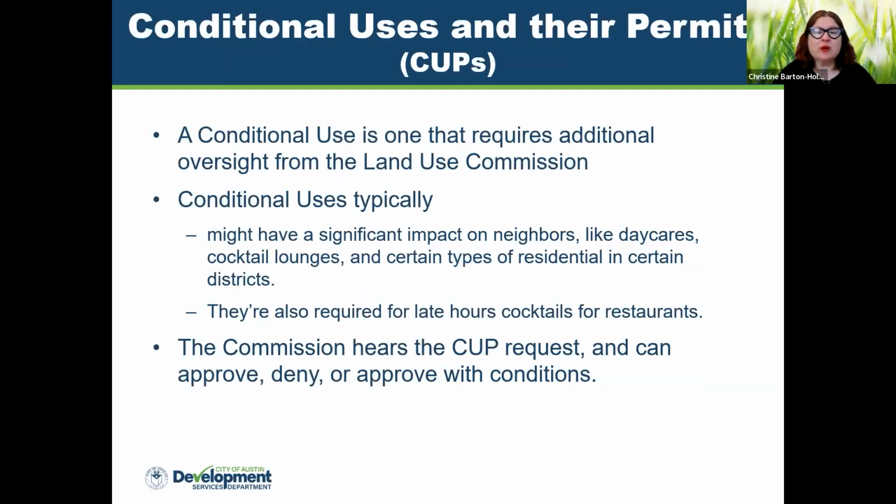So if you're enjoying a mimosa at Kirby Lane at midnight, they have a CUP. Also, recreational uses. So if you have a subdivision and it has a pool and playground and amenities like that, more than likely they would have had to have gotten a CUP for that.